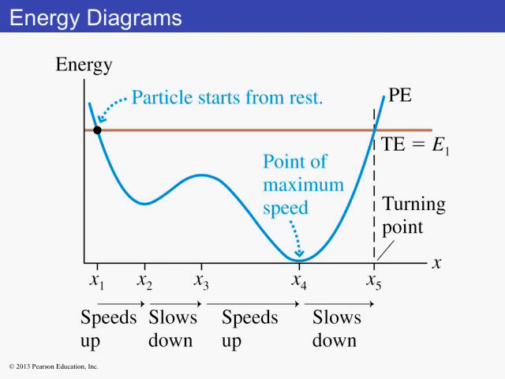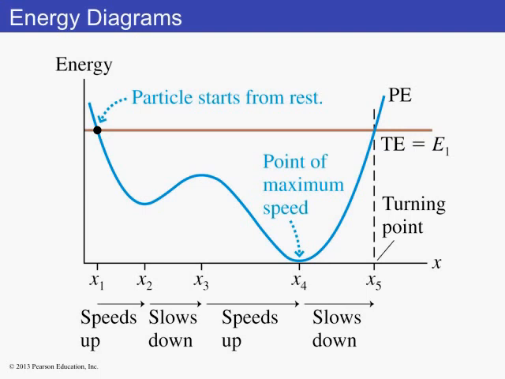The particle is moving faster at x2, and then as it moves from x2 to x3, it increases potential and decreases kinetic. Past x3, the particle is decreasing potential and increasing kinetic again. Where the potential energy is the least, the kinetic energy must be greatest. That's at point x4.